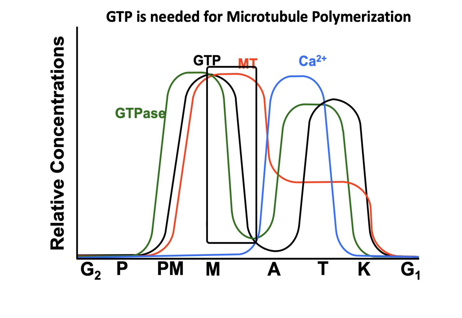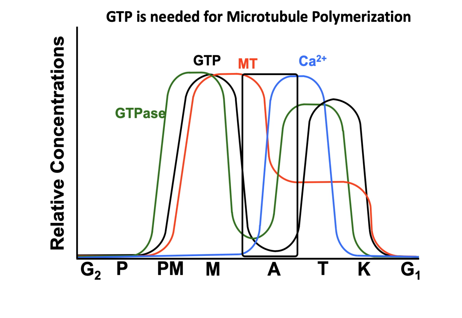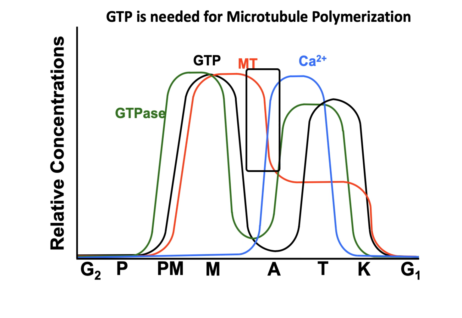Later on, you see the GTPase and GTP levels dropping down, and then the calcium levels coming up, and calcium is used sometimes for depolymerization of microtubules. So you see part of that, but that's only with the kinetochore microtubules, which are then pulling the chromosomes to the poles.